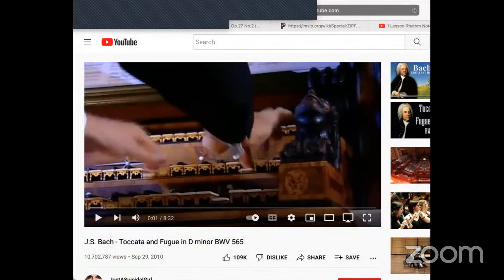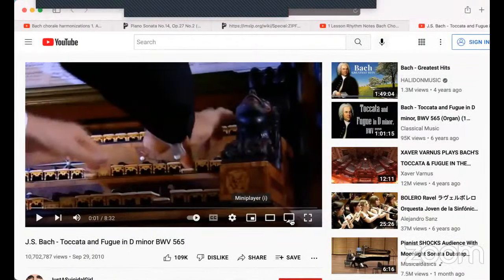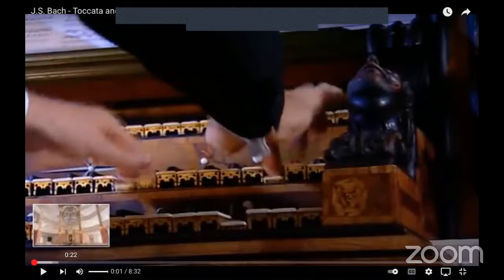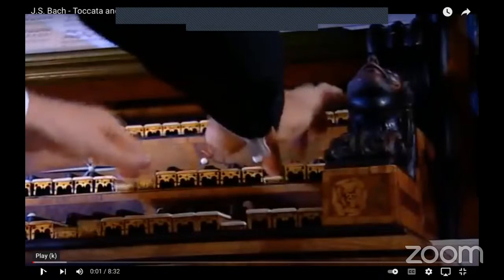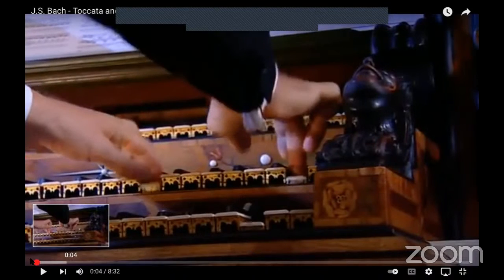Now we are going to listen to some examples of Johann Sebastian Bach's music played on the original instrument he wrote for. For example, Toccata and Fugue by Bach. He wrote it for organ, the instrument with organ pipes. Toccata and Fugue in D minor.